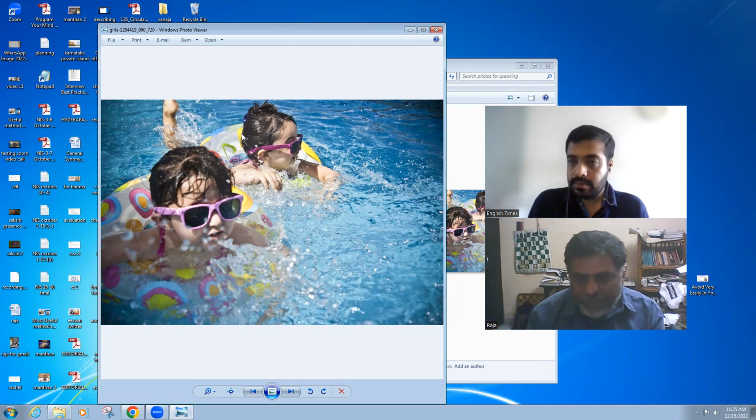They are enjoying it very much. The way they are enjoying it, the way they are splashing the water, and they are not afraid of water. They are enjoying it and they are learning because they have these two protecting guards.